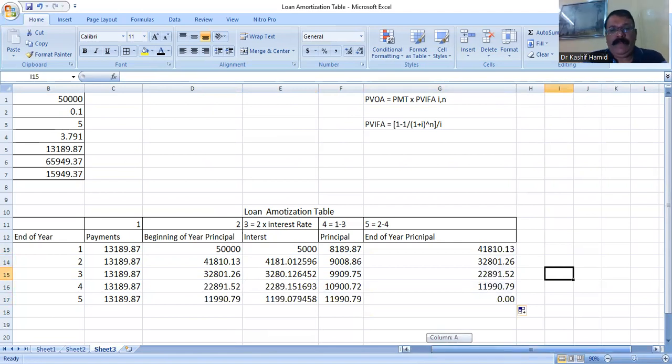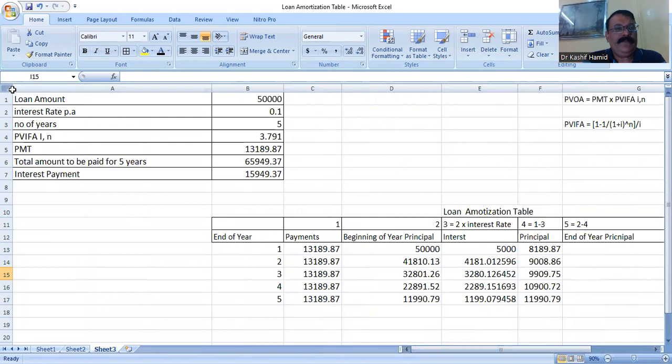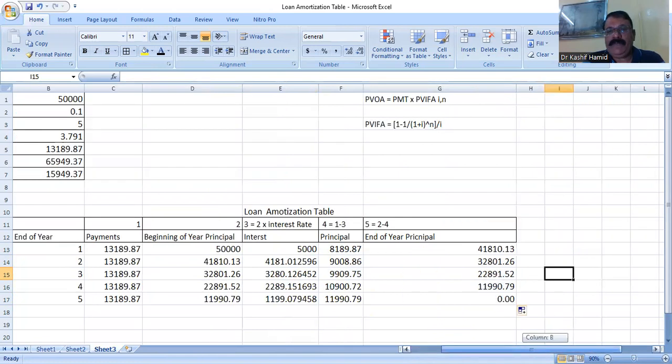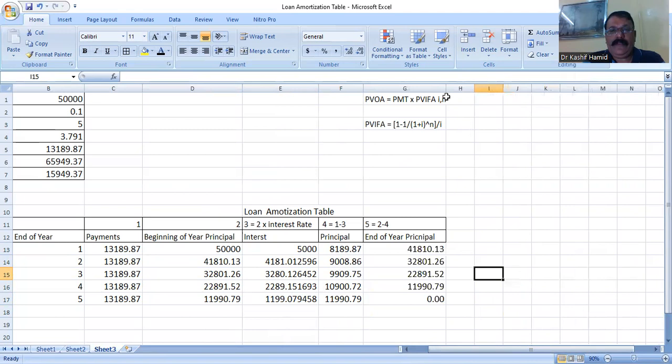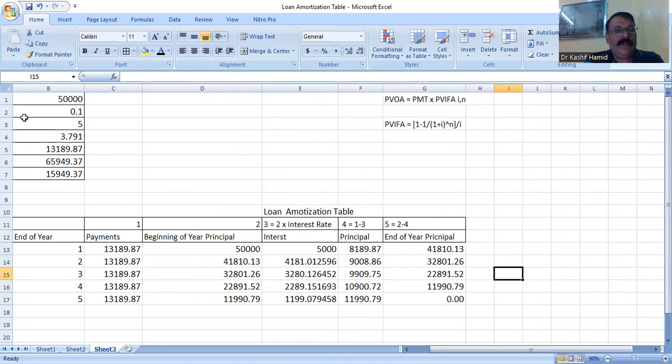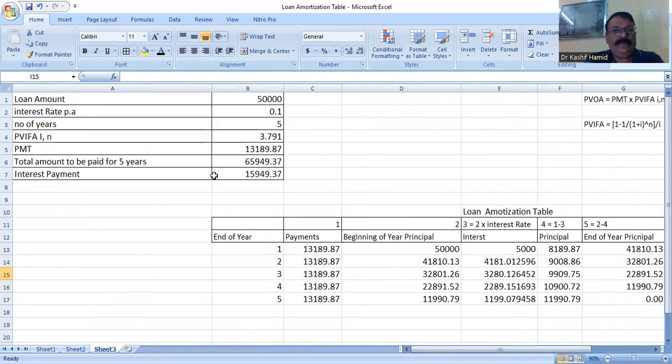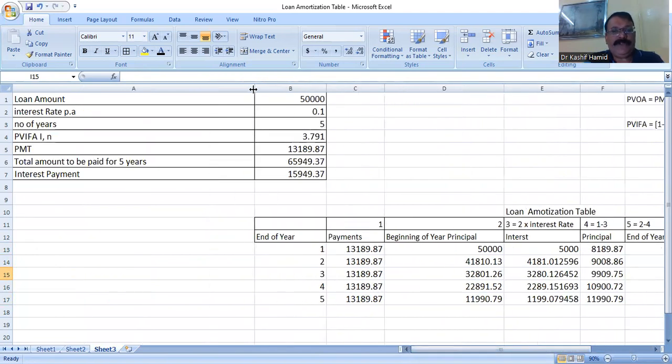In our computation, we have now computed the values, and the amortization table is very clear. And we can use the blocks, the table in a good manner. The presentation of table.